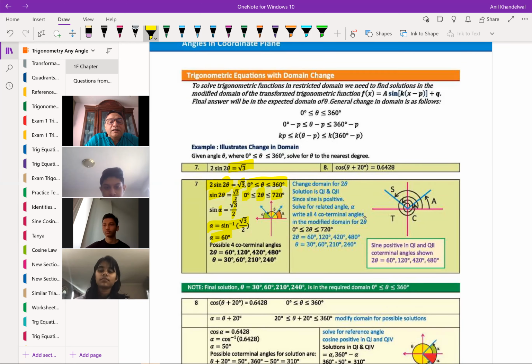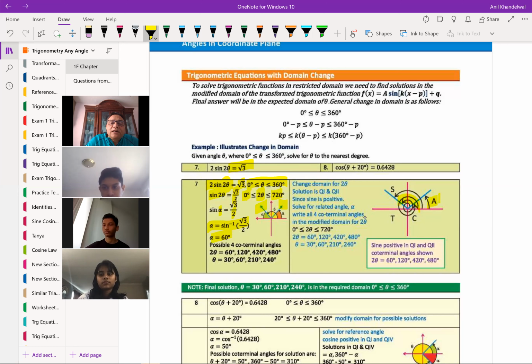So in our case, we now know alpha, but what other possible values do we need to figure out? Since sine is positive in this case, we're looking for all the solutions in quadrant 1 and quadrant 2, including coterminal angles in these two quadrants. We know one related acute angle is 60 degrees. The other angle will be 180 minus 60.